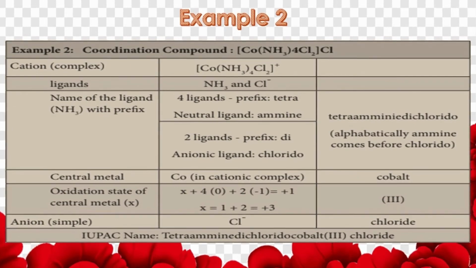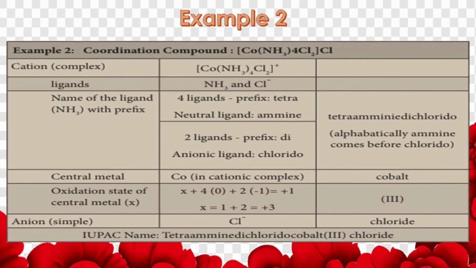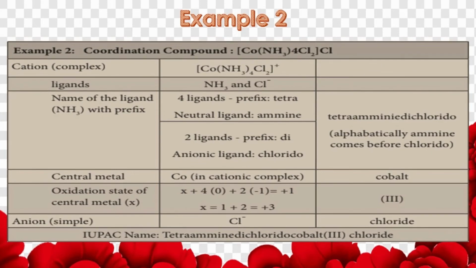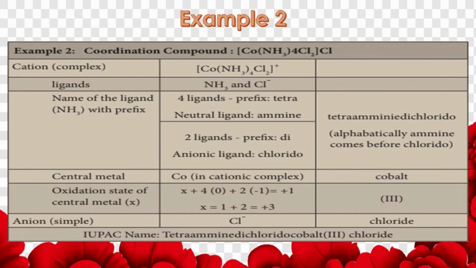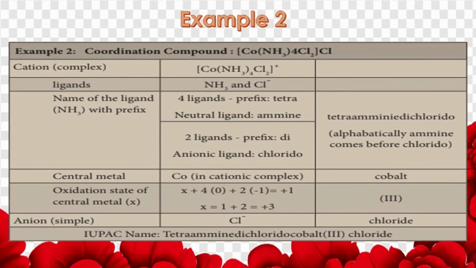We know the NH3 ligand is a neutral ligand and it is named ammine. The Cl- ion is an anionic ligand, so its name will end with O. It will be named chlorido or chloro. Now we have 2 different types of ligands, ammine and chlorido.